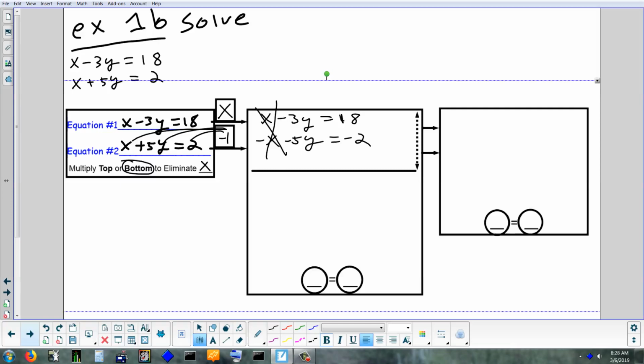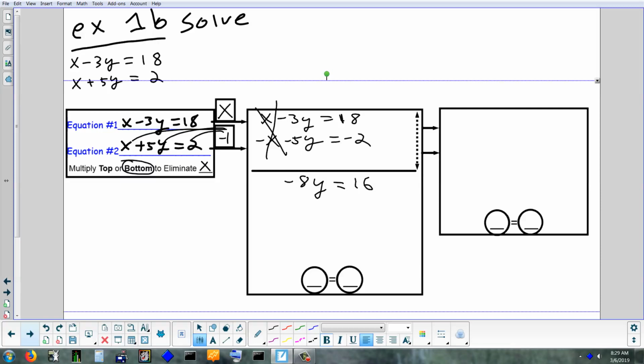How about Miguel? What do I get when I add those y's up? You get -8y. Yep. Negative 8y. And then when I add 18 and -2, how about David? 16. Good.